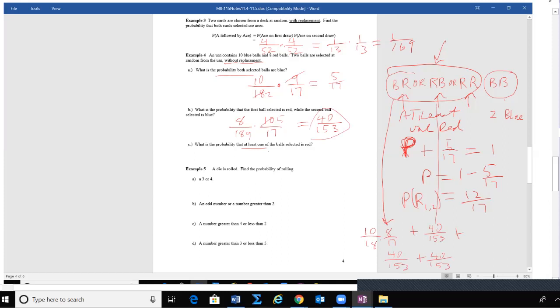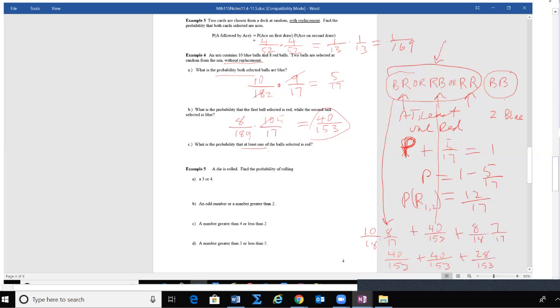And then we still want to add 2 reds. The probability of a red was 8, so you have 8 over 18, and then 7 over 17. So that comes out to be 28 over 153.